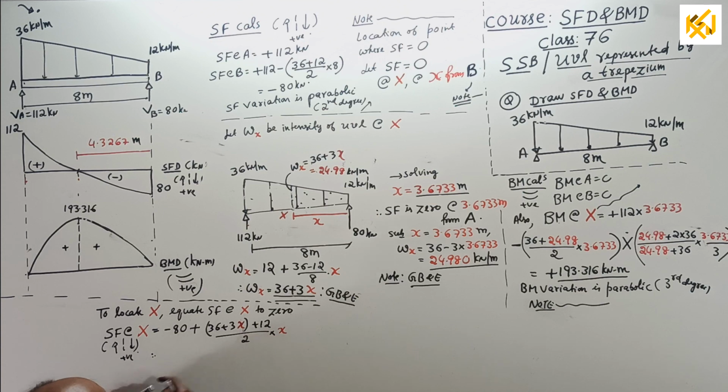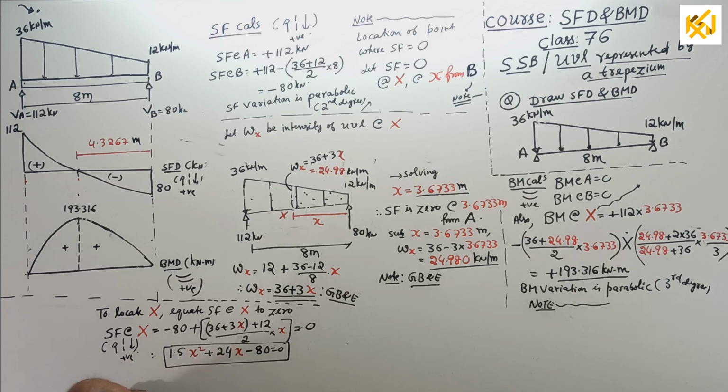Such things happen always in life. I should have entered that one later. That's why equal to 0. Or you will get 3 by 2 into x, which is 1.5x square. Then 36 plus 12 is 48, by 2 is 24, so 24 times x, minus 80 equal to 0. This is the quadratic equation to be solved.